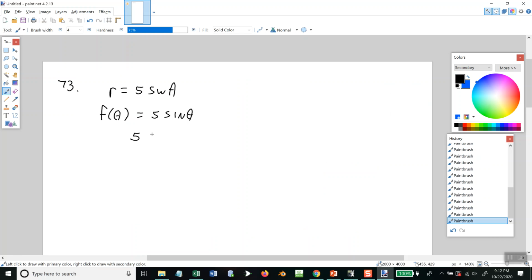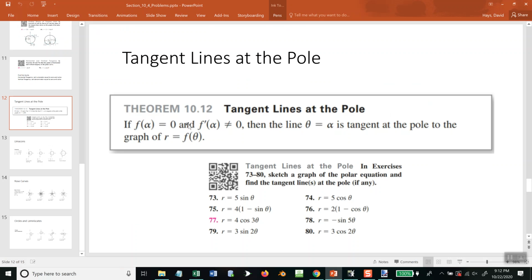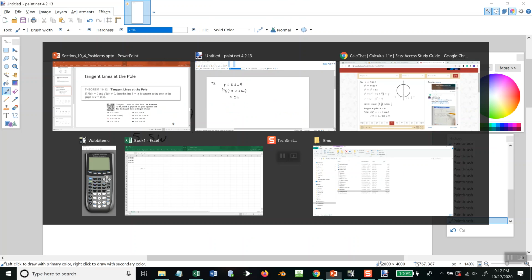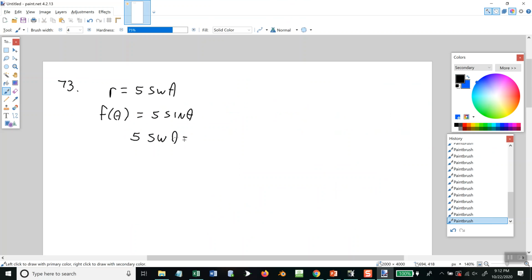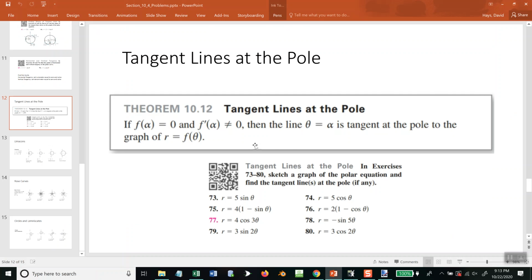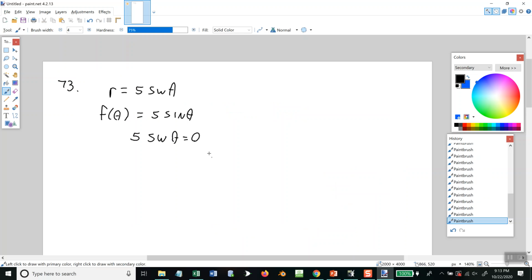So I'm going to take my function, and I'll set it equal to 0 and solve it. Now I assume they mean between 0 and 2 pi. Well, it has to be because we're talking about the polar. Never mind. So I divide both sides by 5, and I get sine theta is equal to 0, which is 0 and pi, right?